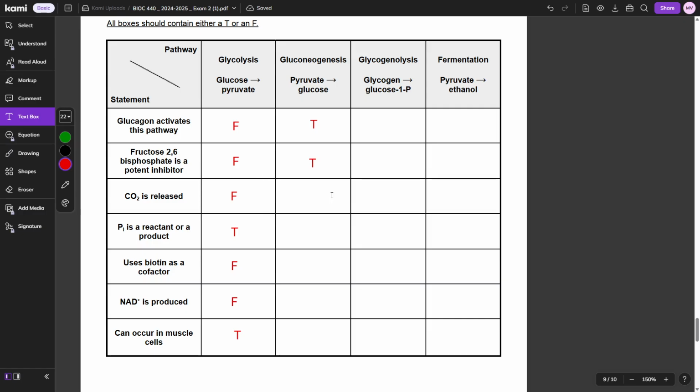So you're using bicarb, attaching the ATP phosphate group, and attaching that to pyruvate to make oxaloacetate. Then you're using GTP, and guess what cofactor? TPP, vitamin B1, as a cofactor to decarboxylate oxaloacetate. You get phosphoenolpyruvate, so CO2 is in fact released from this.